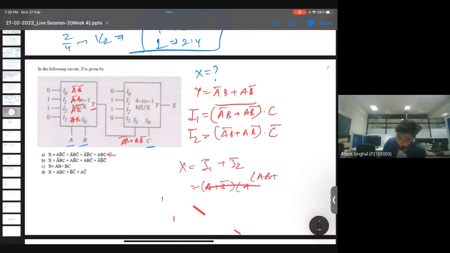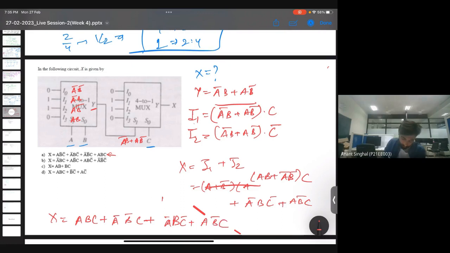So the expression will be AB plus A bar B bar into C plus A bar B C bar plus A B bar C. So final expression will be A B C plus A bar B bar C plus A bar B C bar plus A B bar C, which is option A bar. Is there any option matching to this?